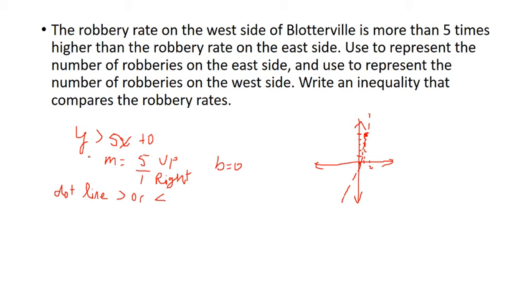So to decide which part I have to shade, I have to test a point from each region. I got 2 regions here. So let's go ahead and test. I'm going to test this point here, which is 2, 2.